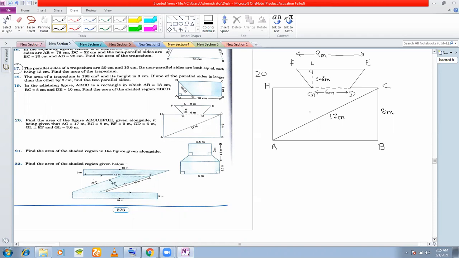So what is the area of the figure? If you see, this area consists of two figures. One is a rectangle, this rectangle here. And this trapezium here.